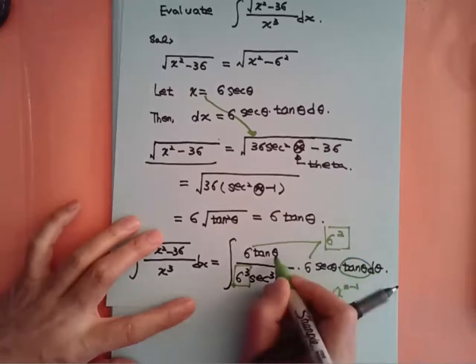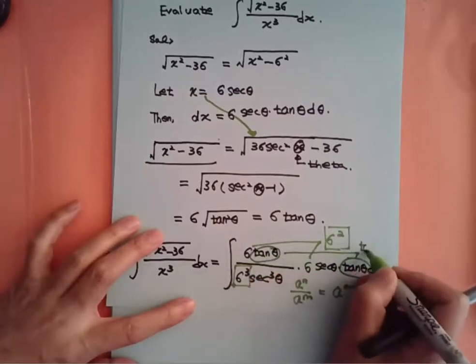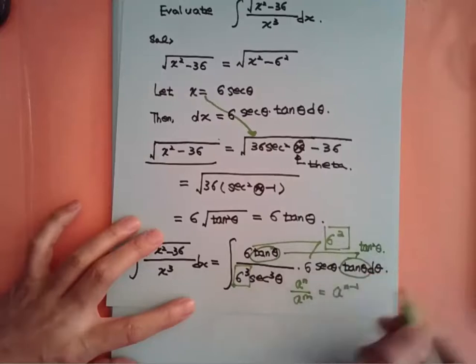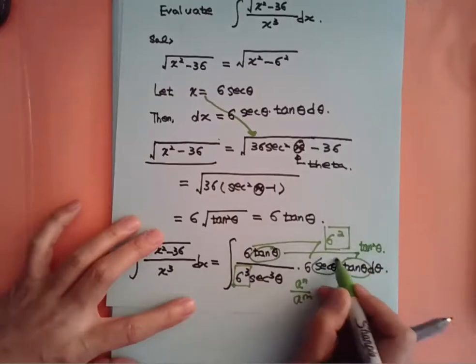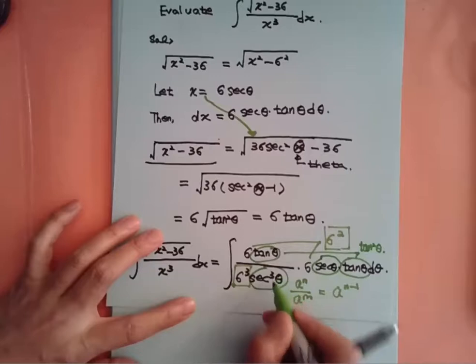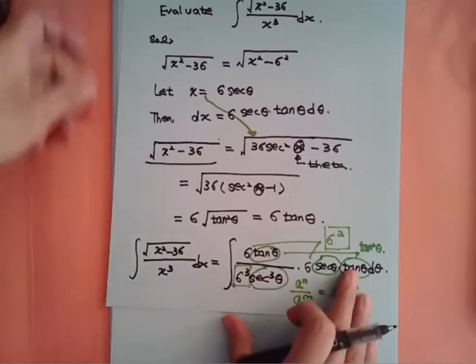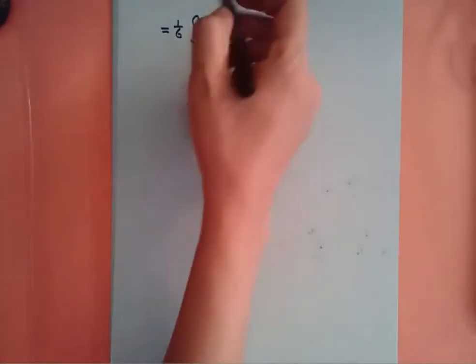If we multiply these two, then you will get tangent squared of theta. And if you compare these two, then you have to erase one power in the denominator. So it becomes secant squared. So let's summarize.